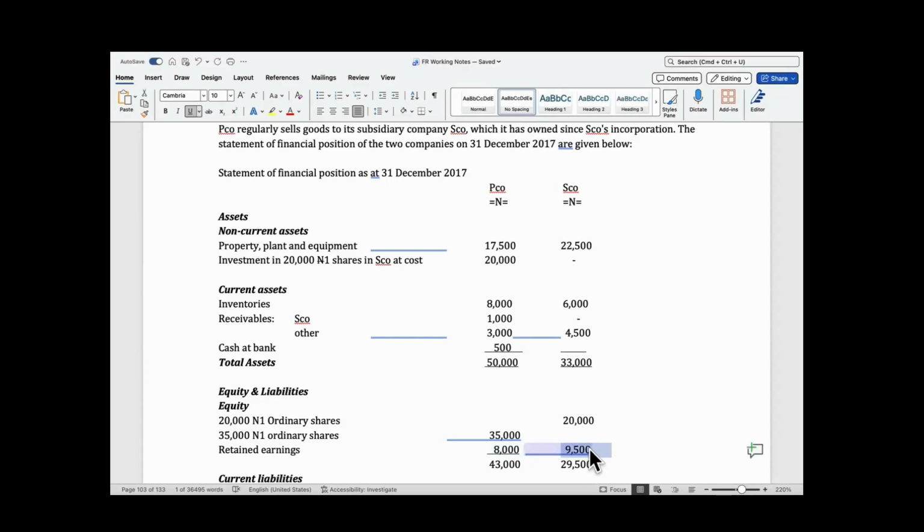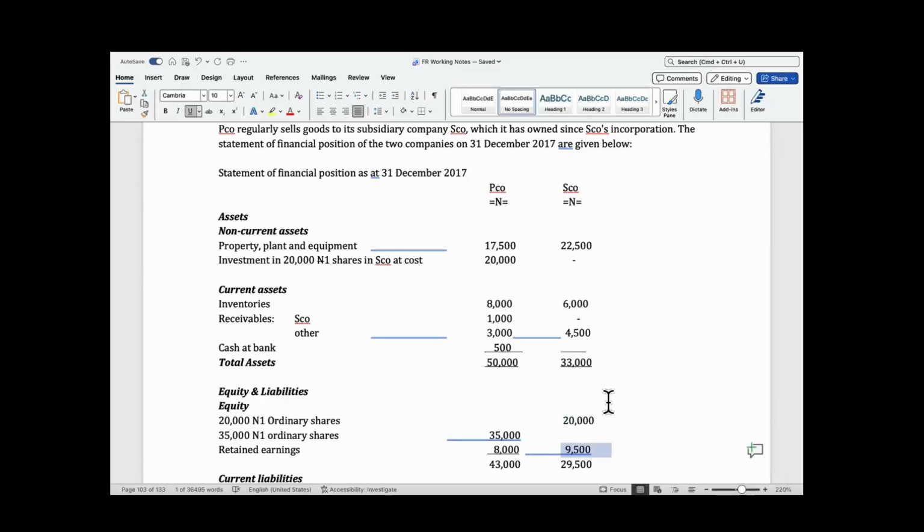Okay? And I said, no, you don't cancel out this because it's not part of what we acquired. Okay, so it's not a similar item. So yes, we have a share in this retained earnings. The parent has a share. In fact, the parent fully owns it.